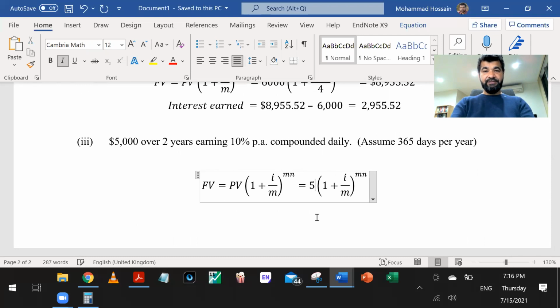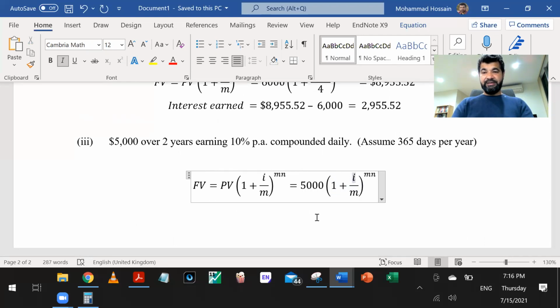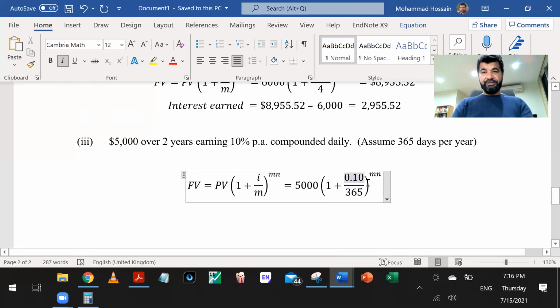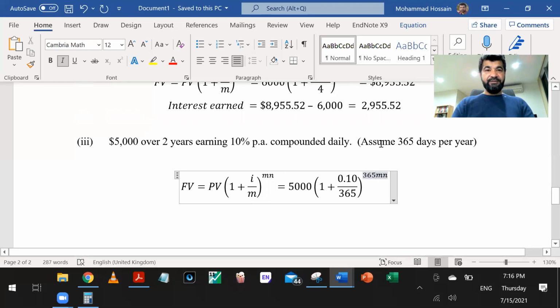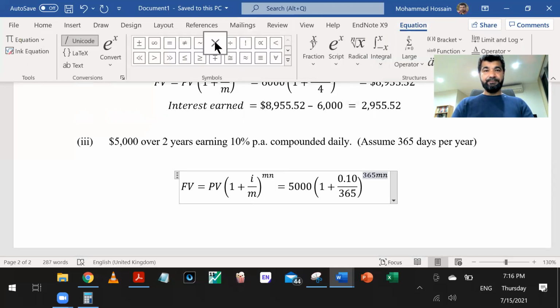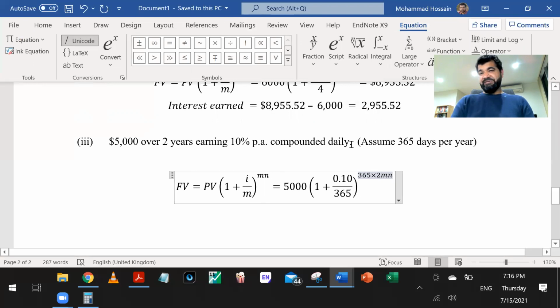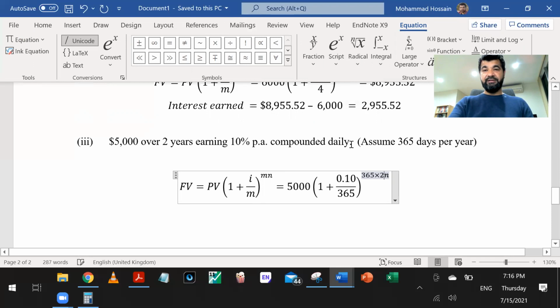It's 5,000. 1 plus i is how much? This is 10%, right? It should be 0.10. m is the same. How many days? 365. So 365 for how many? 2 years. So the exponent will be 365 multiplied by 2. If somebody writes it as 730, I have no problem, I'm okay with that.